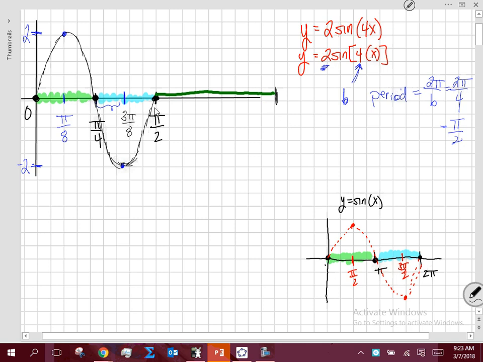So what's pi over 2 plus pi over 2? Gets me to pi, right? Okay. And now essentially I'm going to repeat the process of taking that green interval, cutting it in half. Okay. Well, halfway between pi over 2 and pi is 3 pi over 4, right?